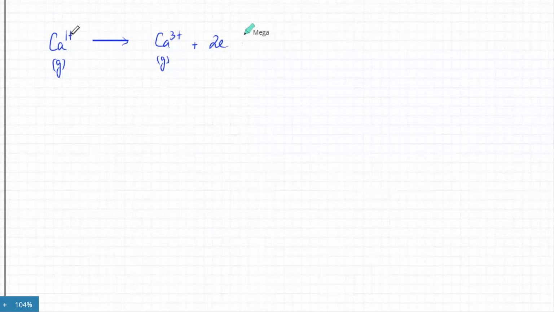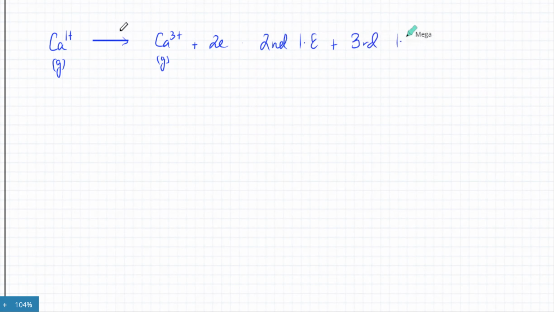Second ionization is when you remove just 1 electron from 1+ and you end up with calcium 2+. But you're going all the way to 3+. So that means you go to calcium 2+, and then remove another electron. So it's the second ionization energy plus the third ionization energy. It's the sum of both of them.